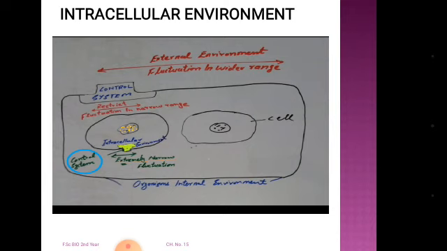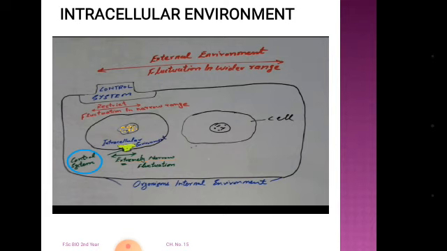In this condition, the cell present inside the body also shows a minor, extremely narrow fluctuation. You can see there is an intracellular environment, and if any change takes place inside the cell, a minor fluctuation takes place. There is a small control system that also controls the activity of the cell.